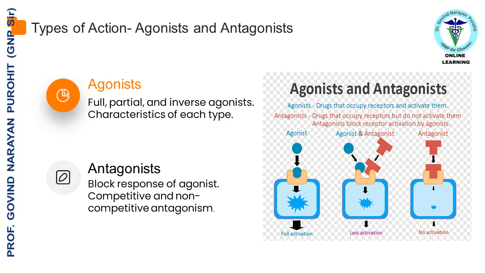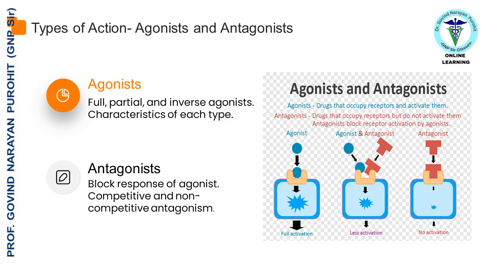An antagonist is a drug that blocks the response produced by an agonist. Antagonists interact with the receptor or other components of the effector. There can be competitive or non-competitive antagonism mechanism, but antagonists are devoid of intrinsic activity. Affinity equals 1, efficacy equals 0.